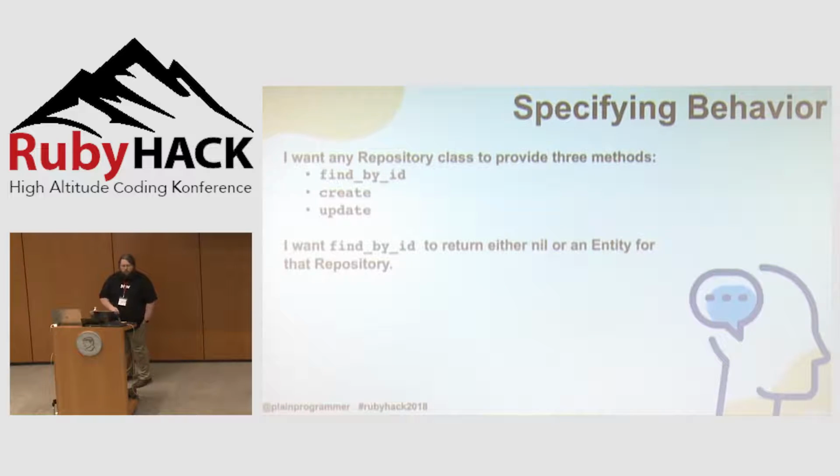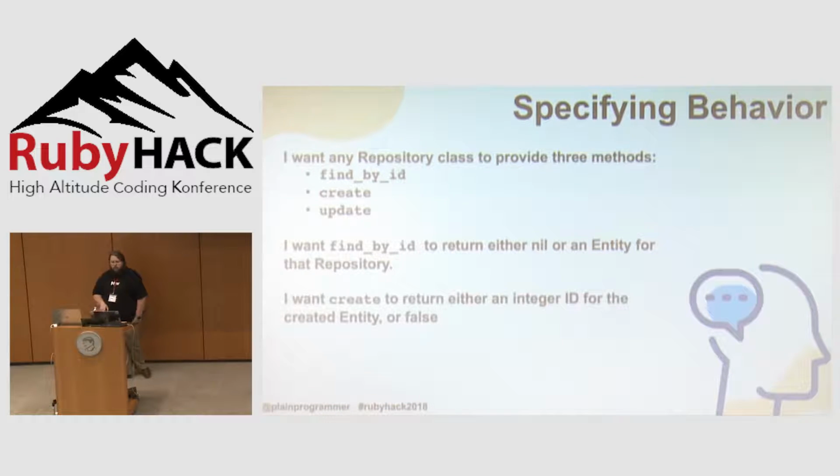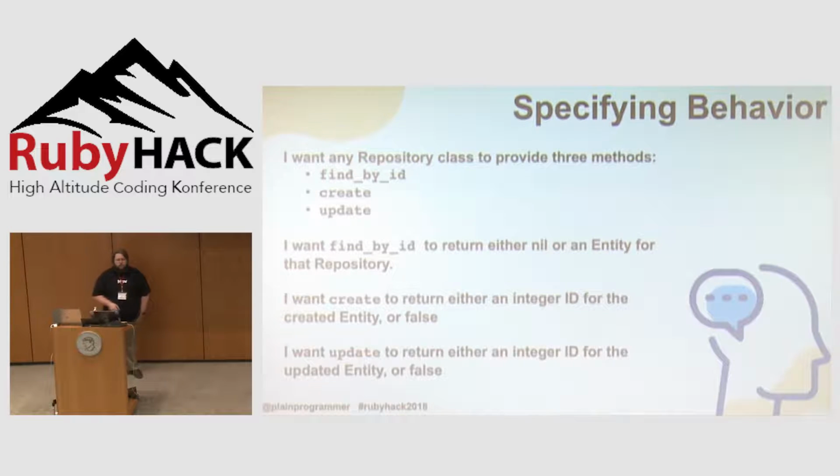In addition to this, I want find by ID to return either nil or an entity object that's meaningful to my system for the repository that I'm talking to. I also want my create method to return either an integer ID for the created entity or false if it's not able to create that item. And I want update to return either an integer ID for that updated entity or false if it's unsuccessful.